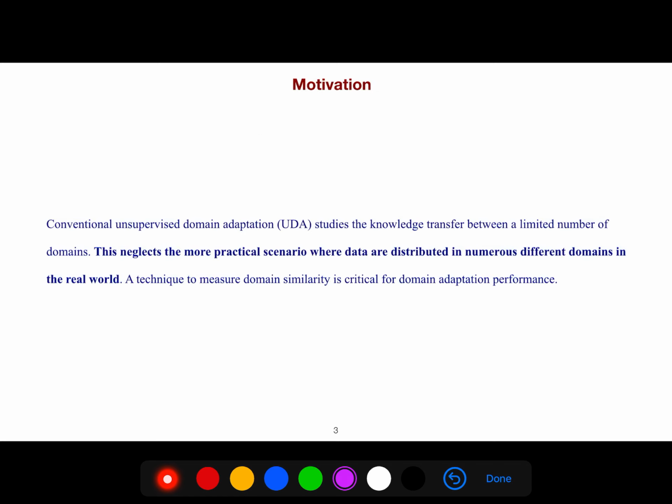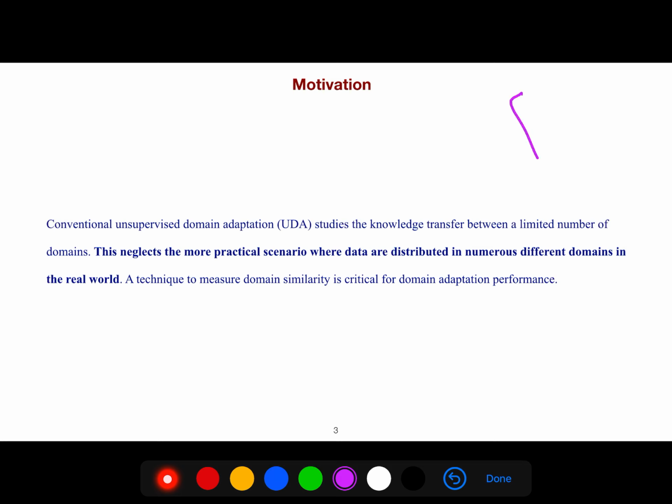Conventional unsupervised domain adaptation studies the knowledge transfer between a limited number of domains. This neglects the more practical scenario where data are distributed in numerous different domains in the real world. A technique to measure domain similarity is critical for domain adaptation performance.